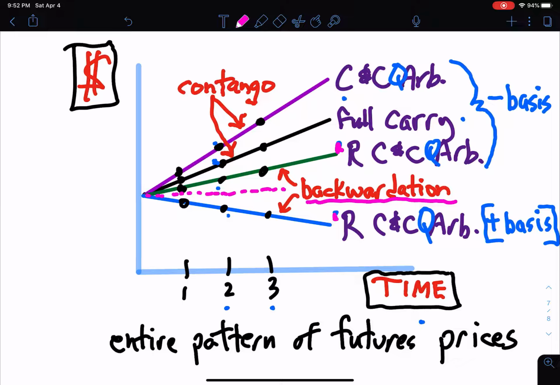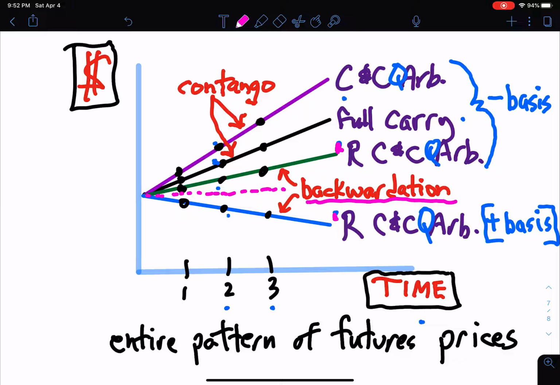And backwardation means that the basis is positive, or the basis is negative but less than full carry, and we've got both those circumstances shown in the green and the blue lines.